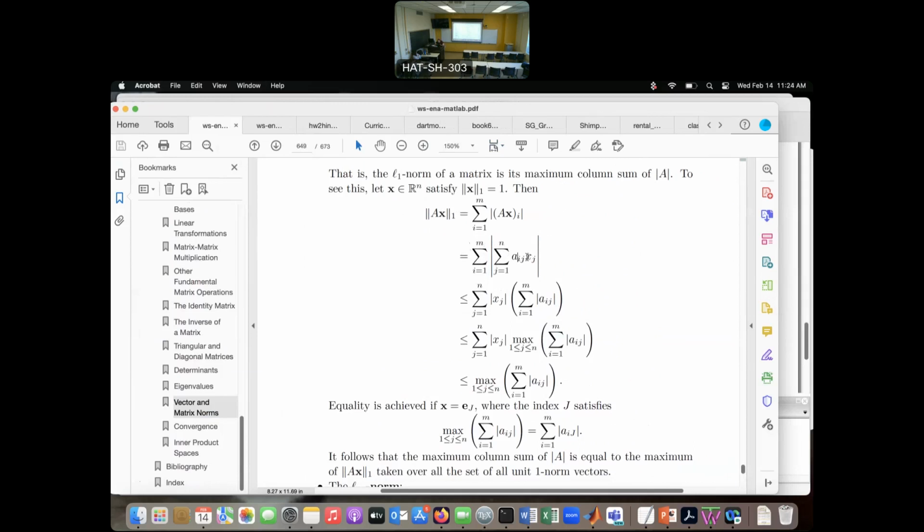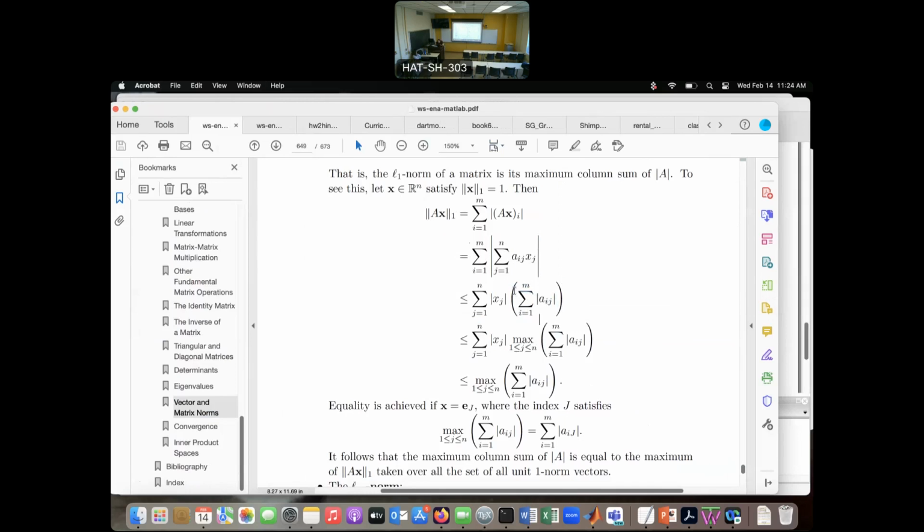And now I can have the sum over J of all the absolute values of the elements of X. And then I have this expression, the sum over I, going from 1 to m. This expression in the large parentheses is the sum of the absolute values of all the entries of A in a column of A. So this right here is the column sum for column J.